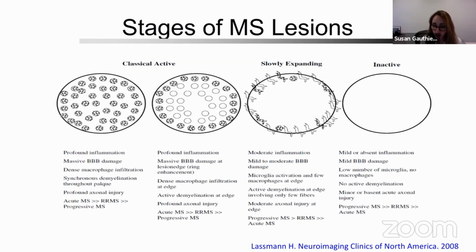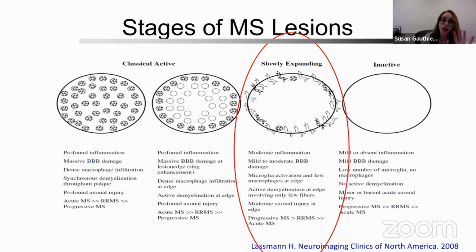And that's really an oversimplification, because the chronic lesion can be an active lesion or a chronic active lesion, also called slowly expanding. Within this category, they can be broken down further to see whether they're still actively causing damage or not. But for the purpose of this talk, we're just going to call them chronic active MS lesions.